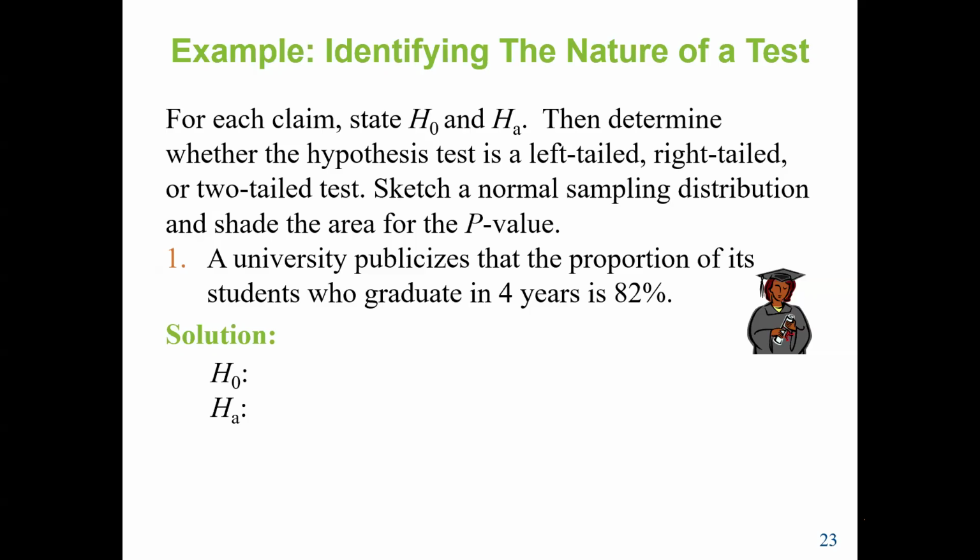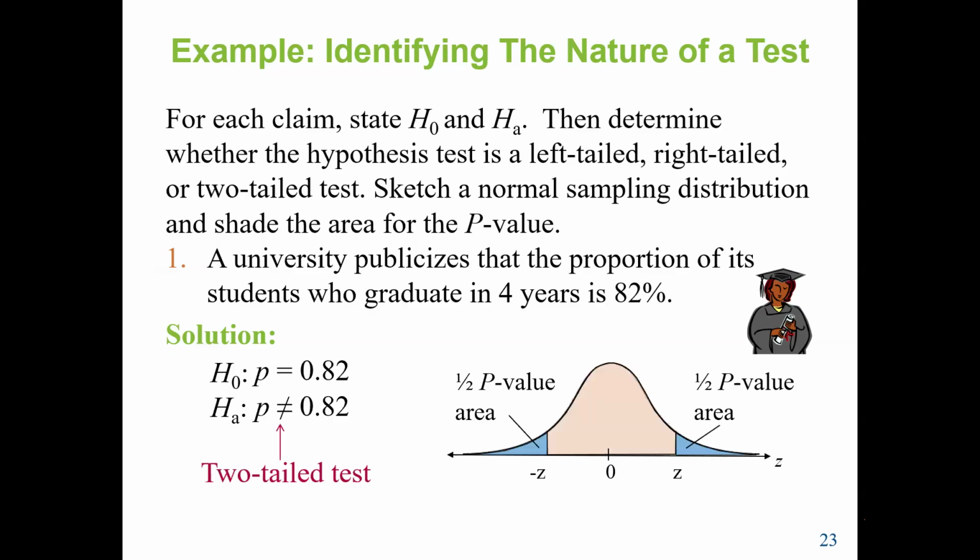A university publicized that the proportion of its students who graduated in 4 years is 82%. So the keyword here is "is", which means equal. So we are going to have a two tail here. Let's see the H0 first. It is equal, so p equals 0.82. HA will say not equal.